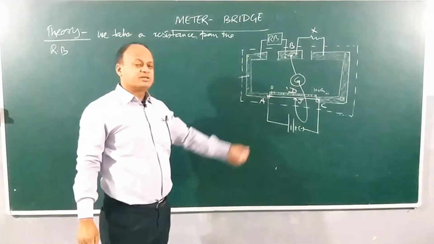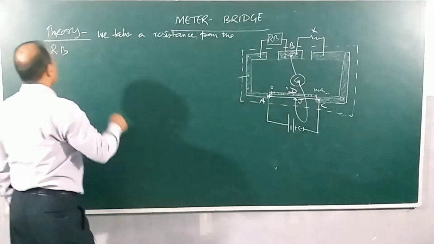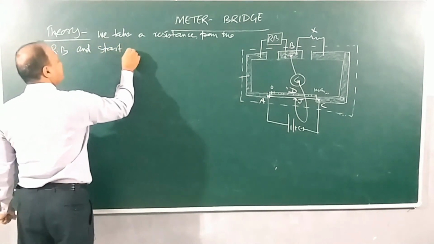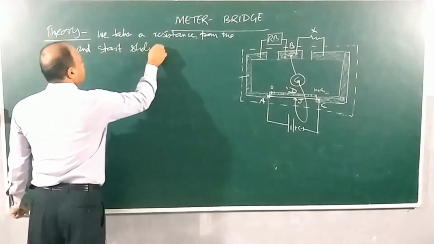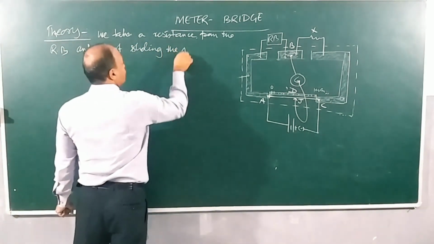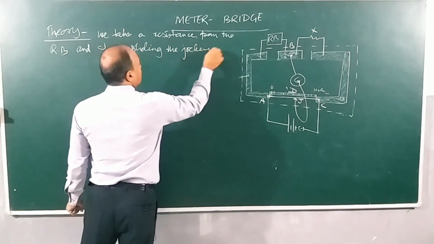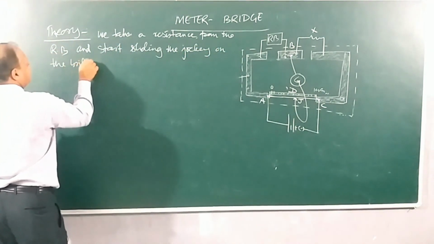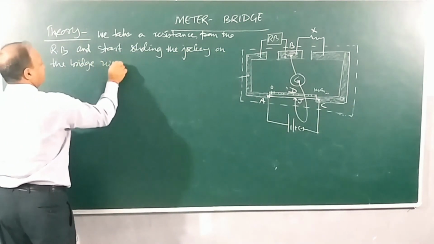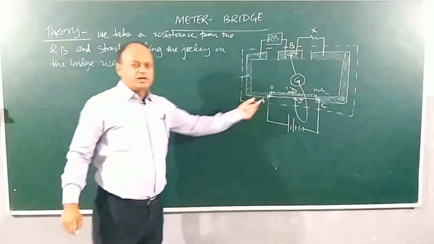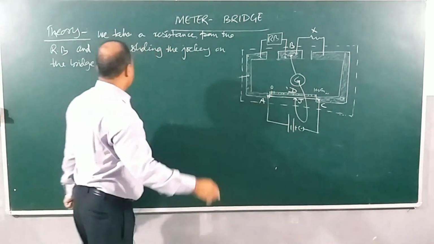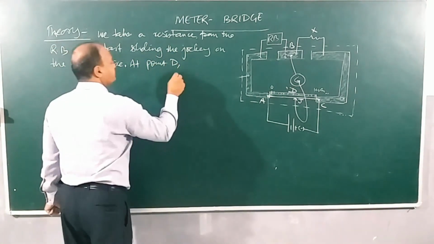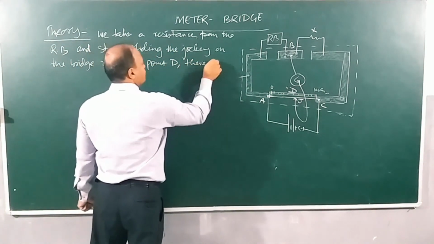So we will take a resistance from the resistance box and start sliding the jockey on the bridge wire. At a certain point, point D, there is no deflection in the galvanometer.